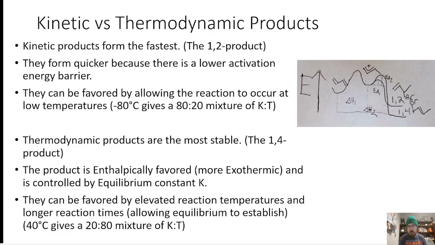Eventually enough of the intermediate goes to the 1,4 that you get the ideal mixture. So the reaction is reversible at high enough temperatures, and if it's reversible, we can favor more of the 1,4 product. By controlling conditions, we can favor one reaction versus another.